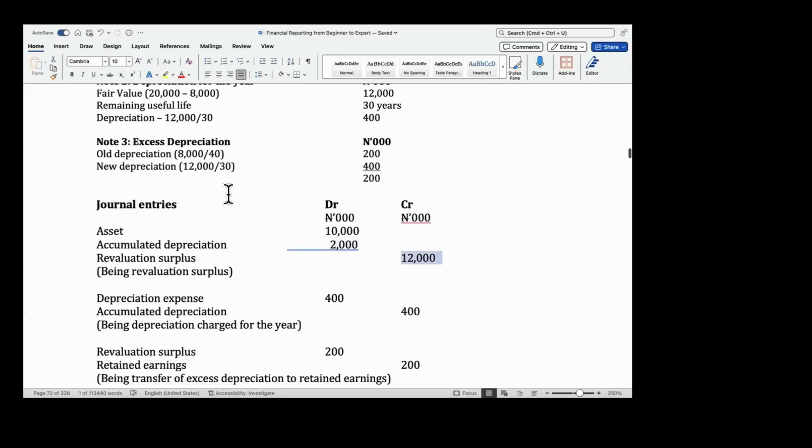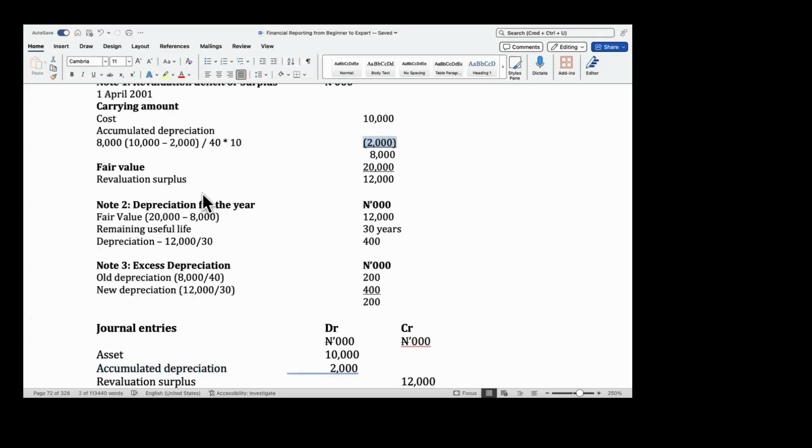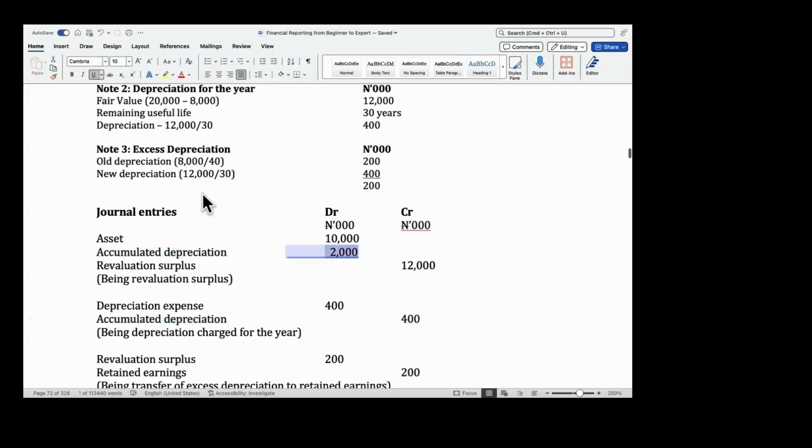What that means is that we are going to be transferring a portion of our revaluation surplus to retained earnings every year. And that portion of our revaluation surplus that we are transferring to retained earnings, we call it excess depreciation. And we only do that if it is the company's policy to do that.